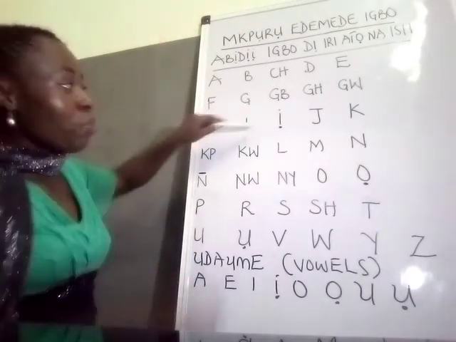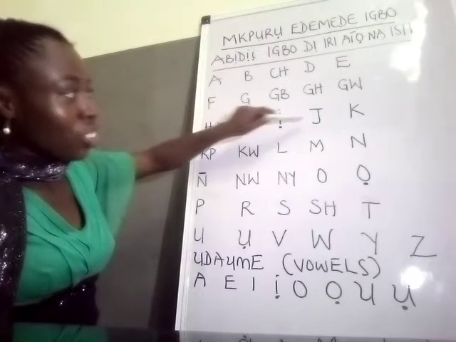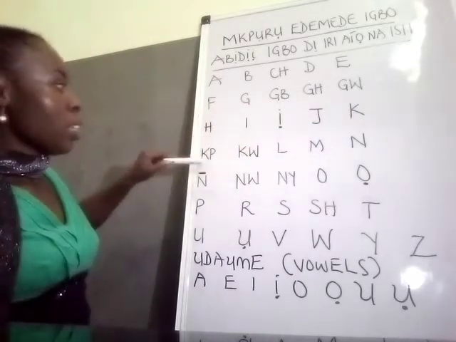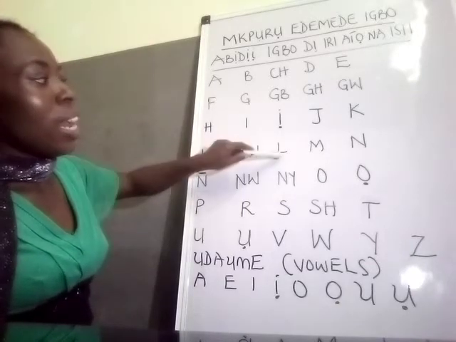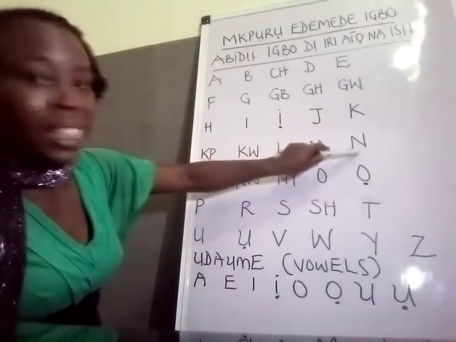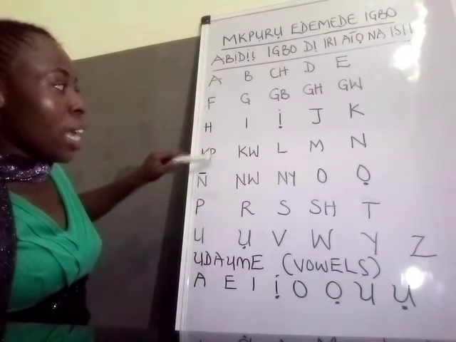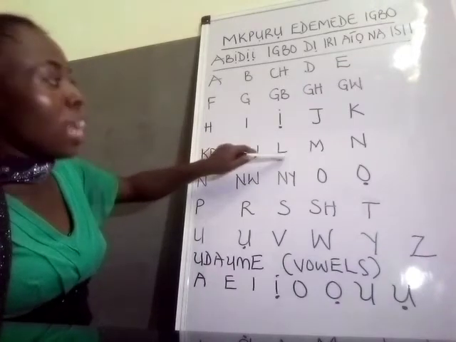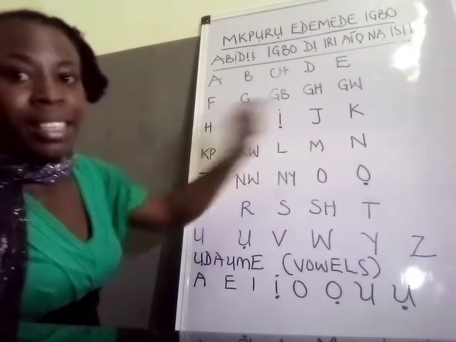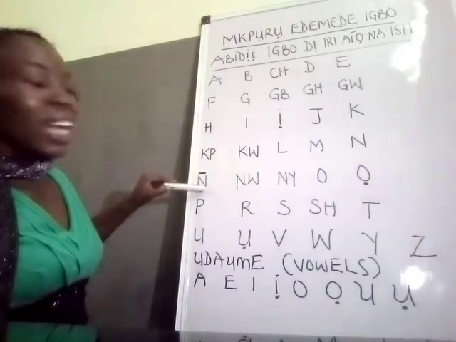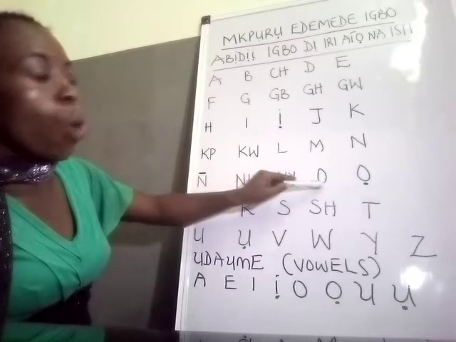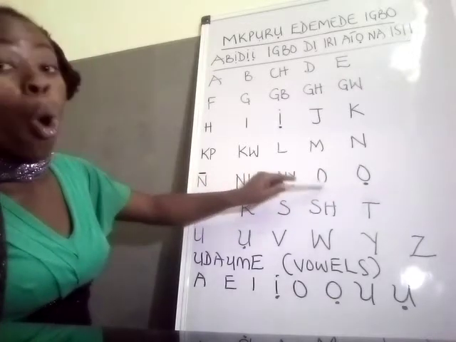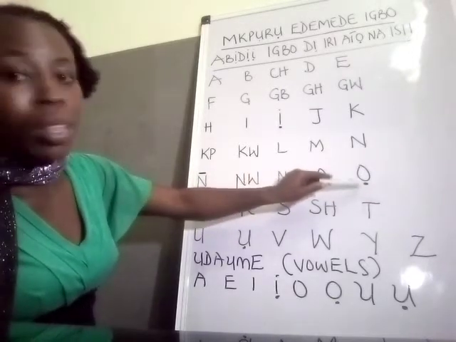J, K, pi, qui, l, n. You see, you pronounce that with the sound. Nye, nye, nye, o, o, no dot. With a dot.